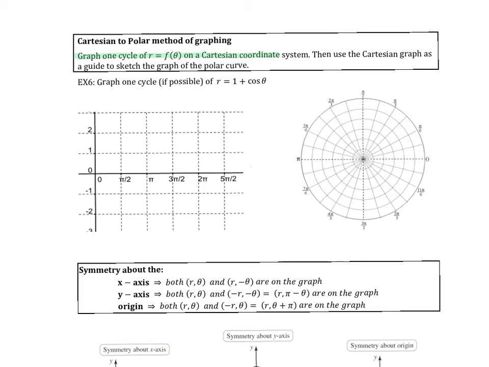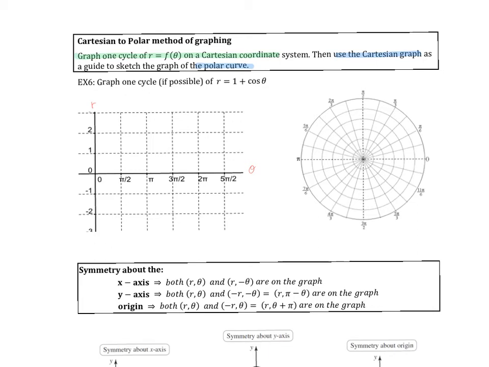My x-axis I'm going to call theta. My y-axis I'm going to call r. So I'm going to put in a theta value and I get back an r value. So once I have this graph, then I can use this Cartesian graph to sketch the graph of the polar curve.